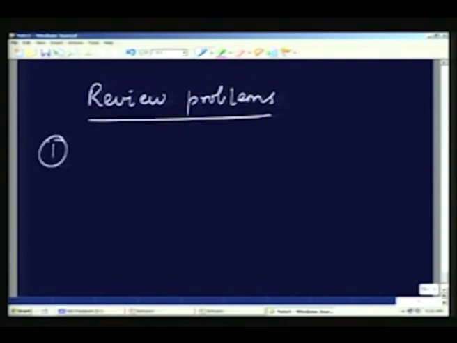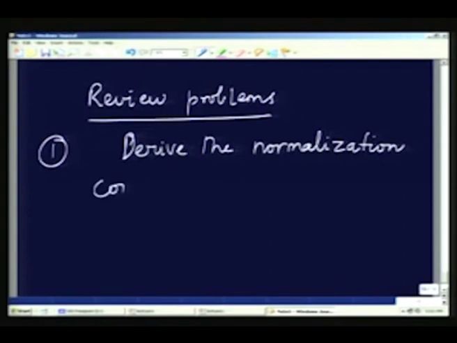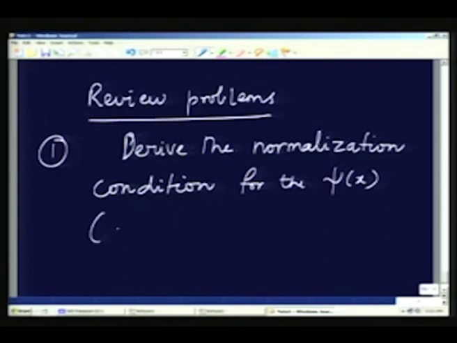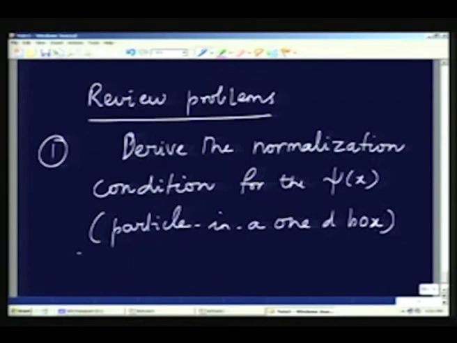The first one: derive the normalization condition for the wave function psi of x, particle in a one dimensional box. What does that mean?